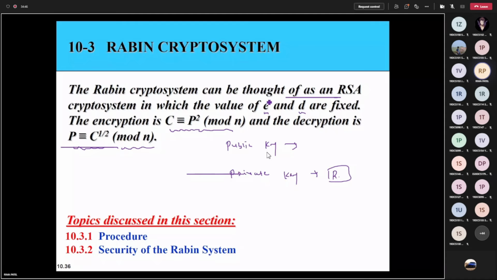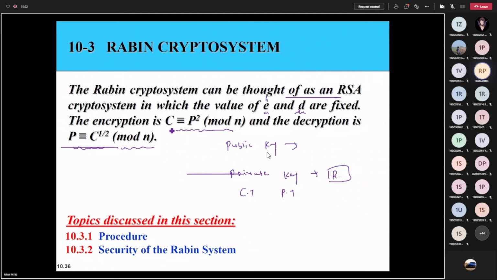In the case of RSA, we were given the value of E based on which we were finding the value of D. These two keys, E and D, were the keys: E was the public key and D was the private key, which we were using in finding the cipher text and plain text. Correct? Yes, ma'am.